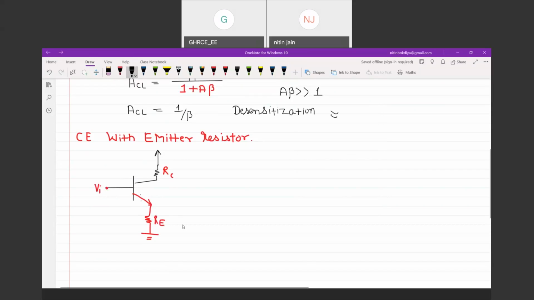Who is providing negative feedback? You can say this resistance RE is providing negative feedback. Why is it negative feedback? The best and easiest way to find this is: whatever you mix with the input is known as negative feedback.